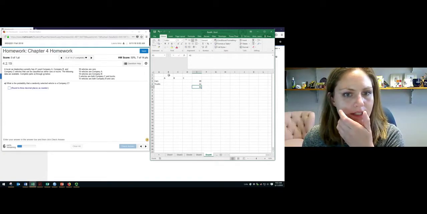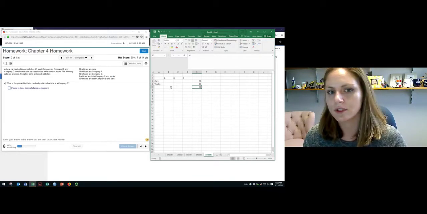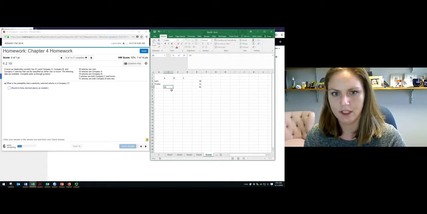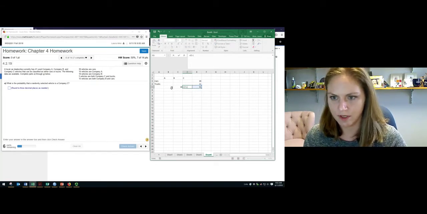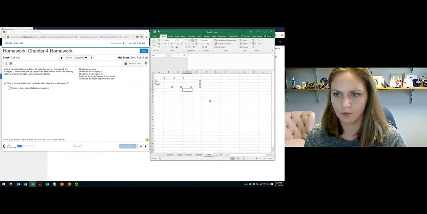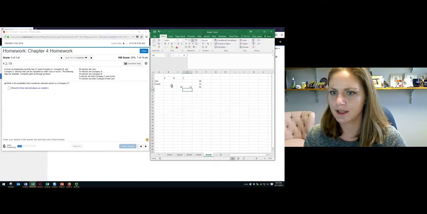And companies, the following data, okay, so 14 are A, 14, 16. So again, we can deduce what the number of C is going to be. Again, employing that complement rule. 3 vehicles are both company C and trucks.